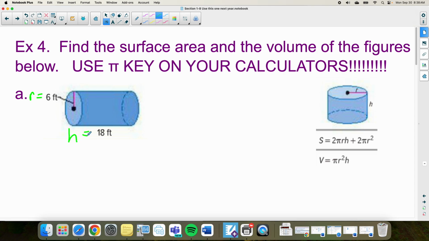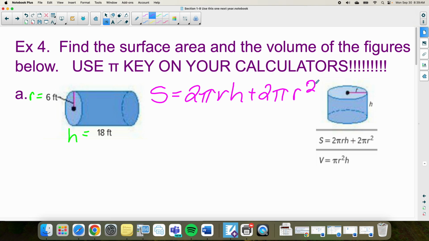That cylinder is laid on its side, but that is the height of it. So the radius is of the circular base, and then there's the height. Now that you know that, let's just go ahead and write our formula down. And on this assignment, please do not just write an answer. I want to see work, okay?